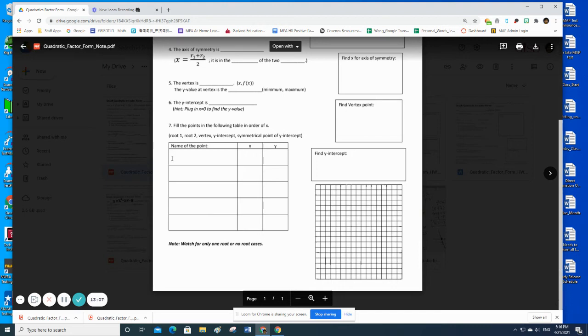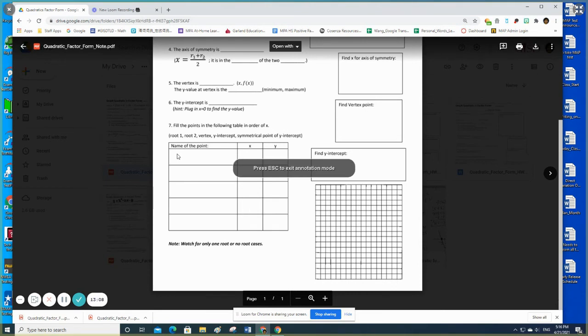So we have our first root, and we have our second root, and we have our vertex, and we have our y-intercept.